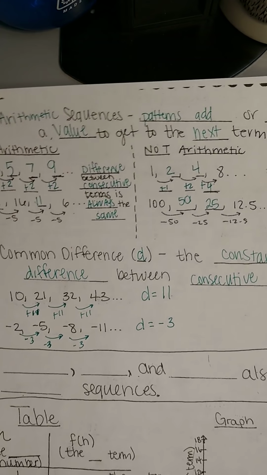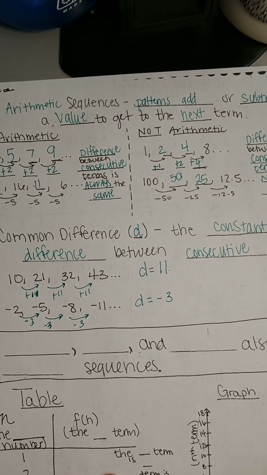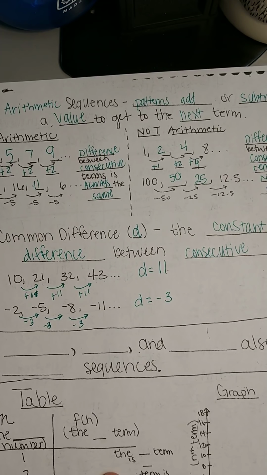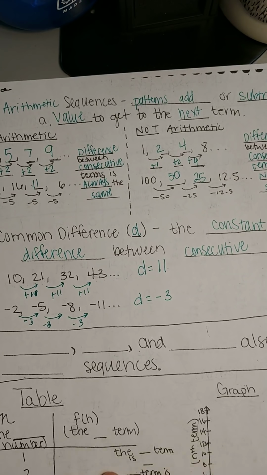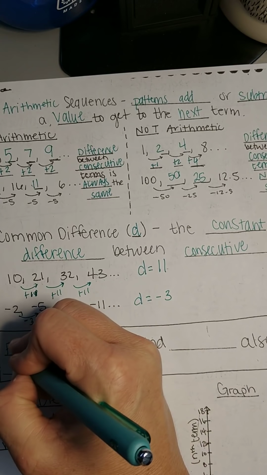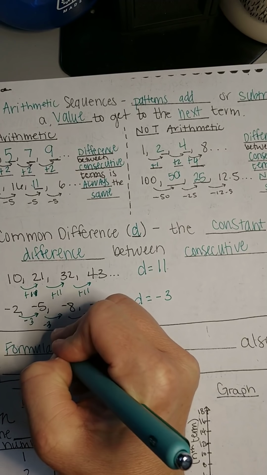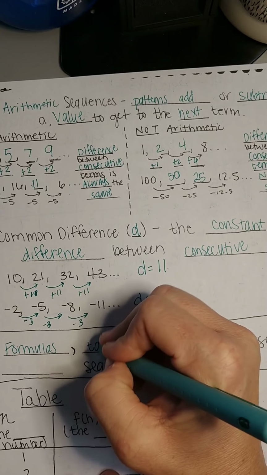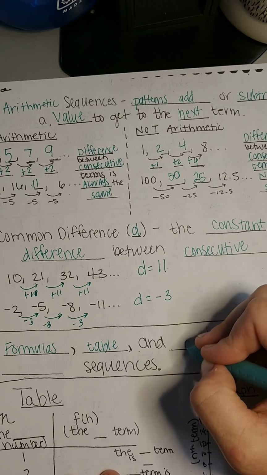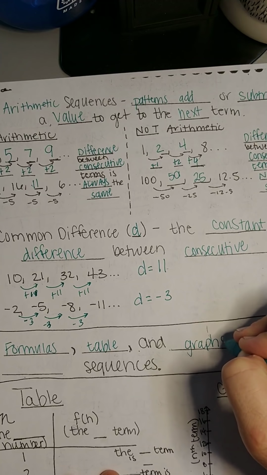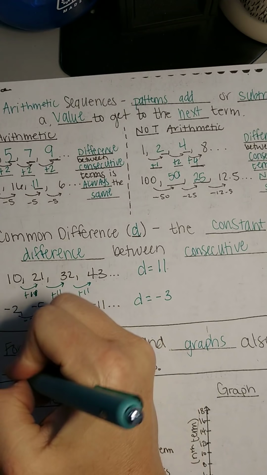So we've looked at our sequences. Now, we don't just have to use lists to show these sequences. Just like in our previous modules, we have formulas, tables, and graphs to represent sequences.